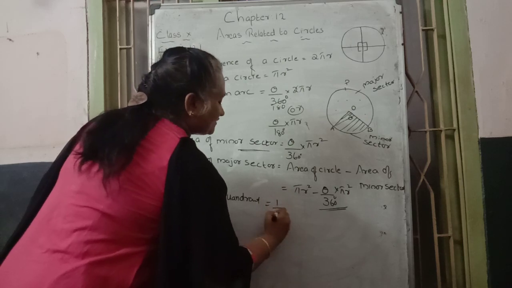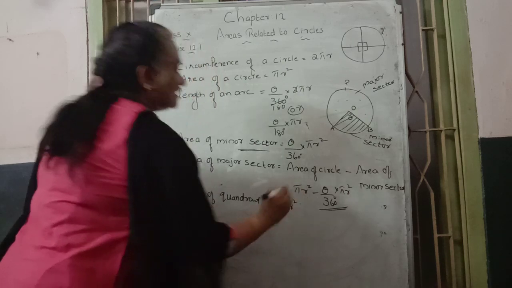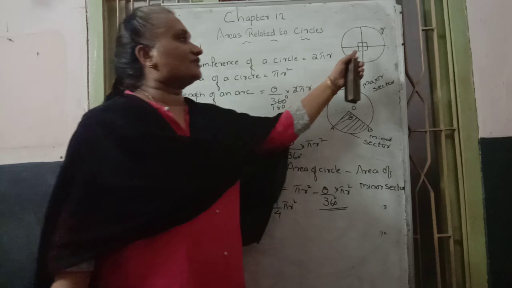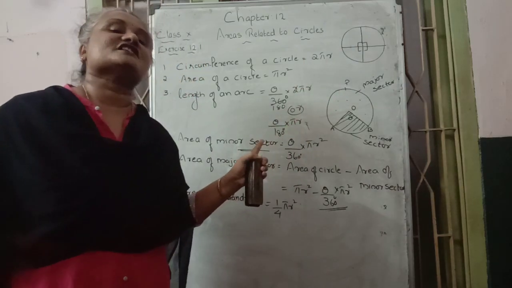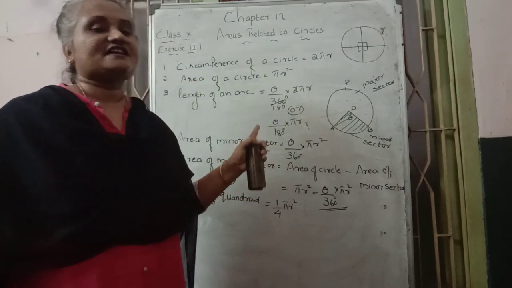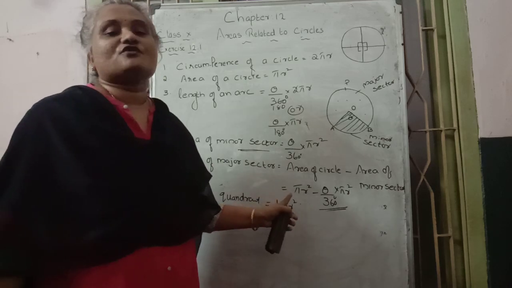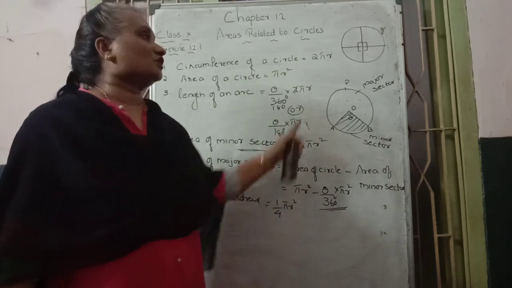The formula is 1 by 4 pi r square. For a quadrant, the theta value becomes 90, and that time we apply 1 by 4 pi r square.